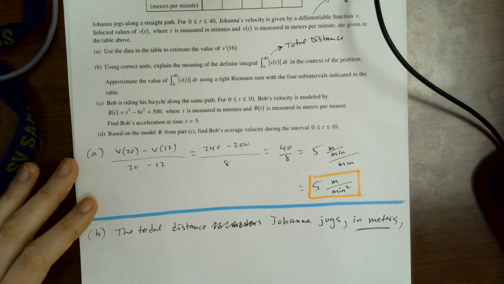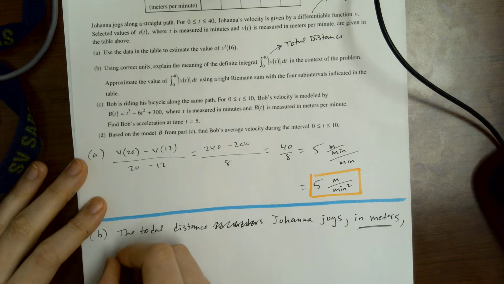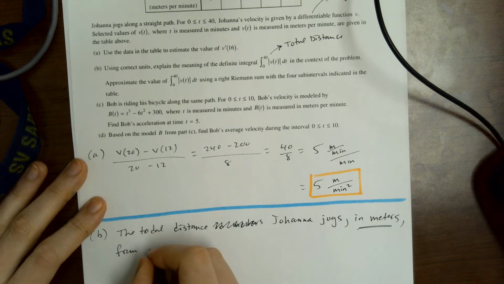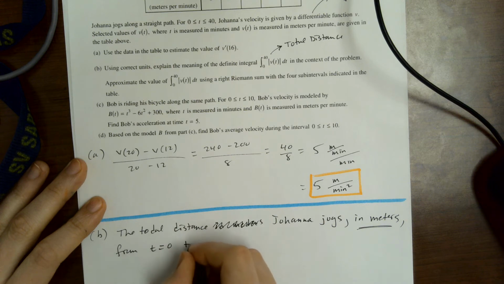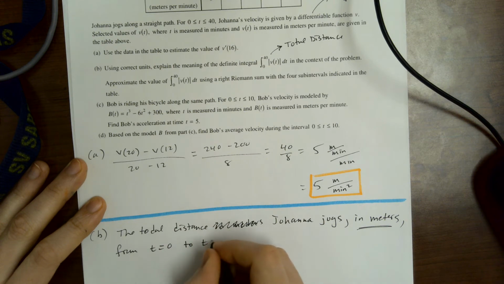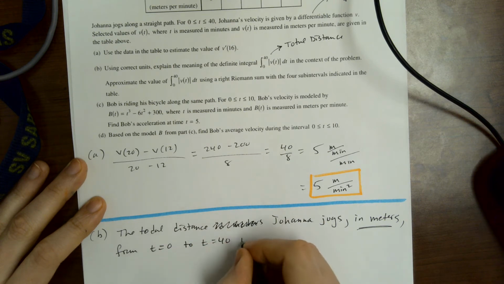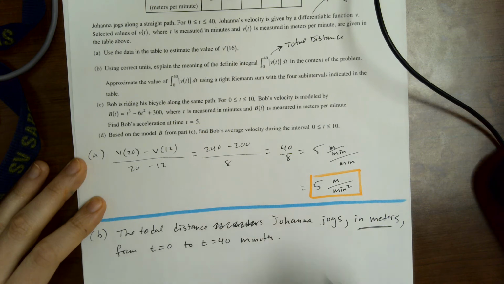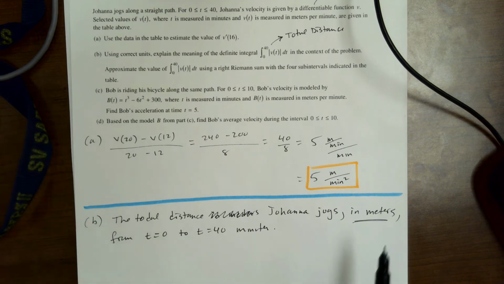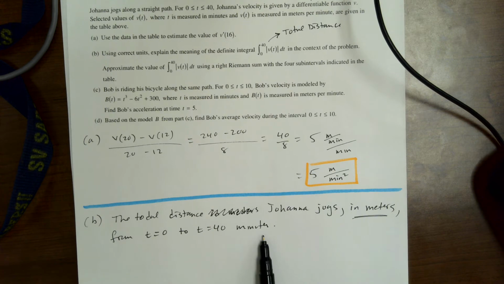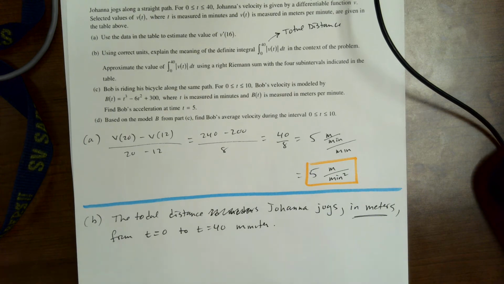In meters from t equals 0 to t equals 40 minutes. Okay, so the distance is in meters, the time is in minutes. All right, so there it is right there.